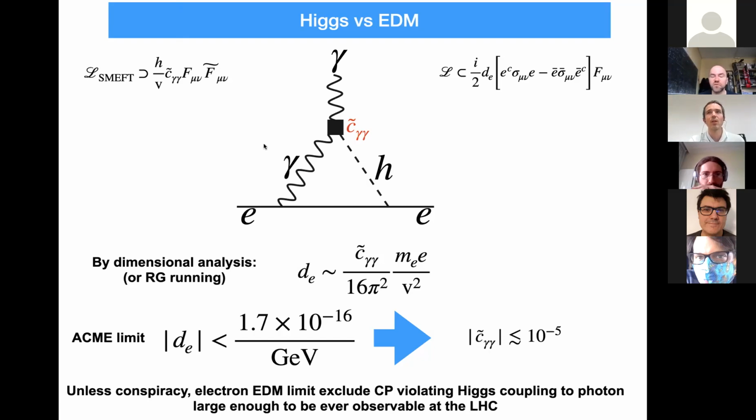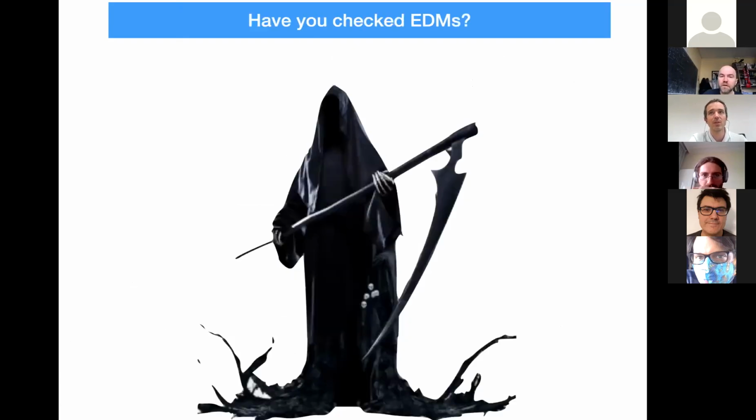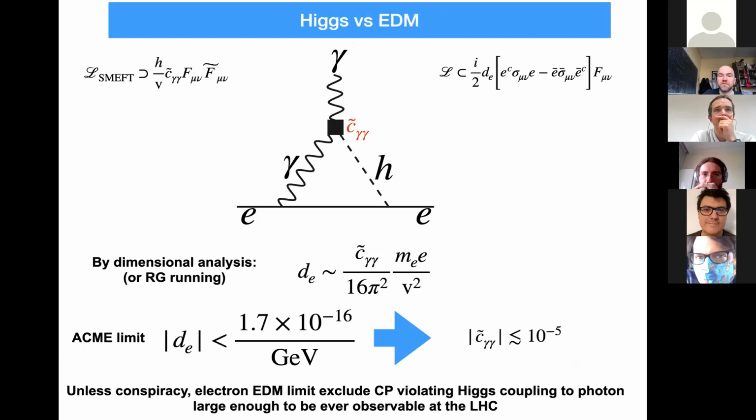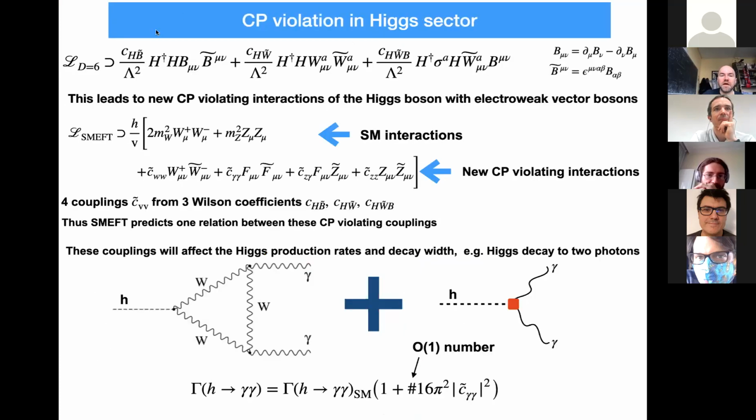It's very different from the theta. This coupling comes from this Lagrangian, and the lack of this coupling just means that the scale lambda is large. It's as simple as that.